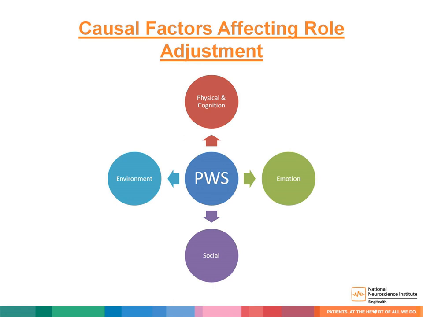The 4 factors are physical and cognitive ability or impairment, which is common in stroke survivors following a stroke; the emotional difficulties that arise due to the changes to their physical and cognitive well-being; and the social factors, which include their relationships with family members, friends, and colleagues, as well as environmental factors like the stigma they perceive from society, as well as difficulties accommodating the changes post-stroke at their workplace.